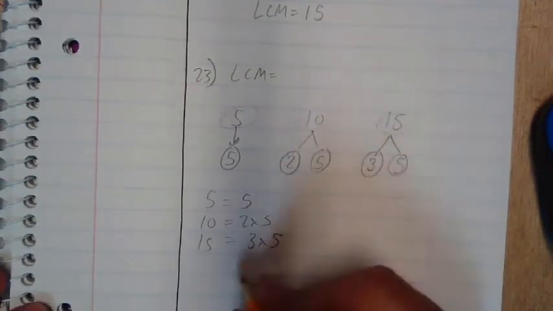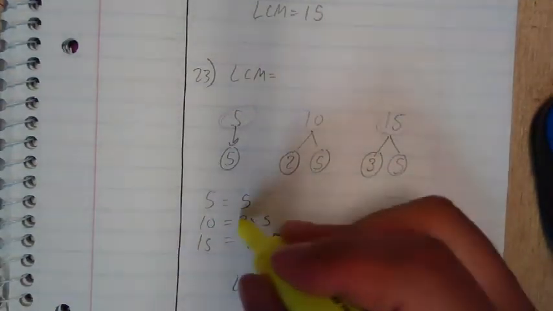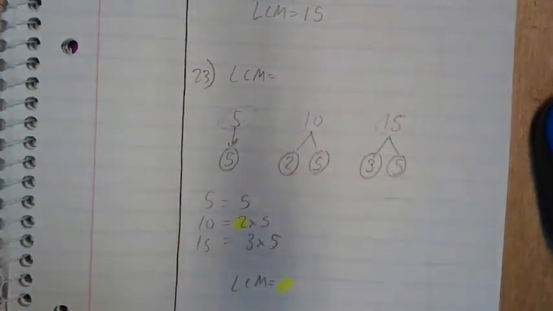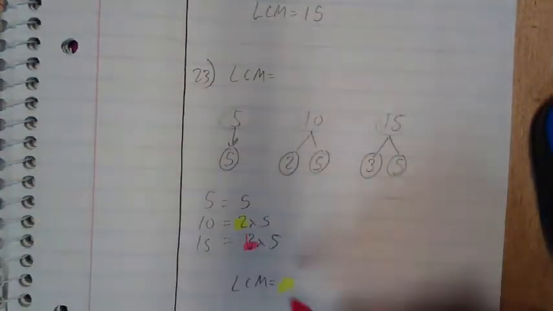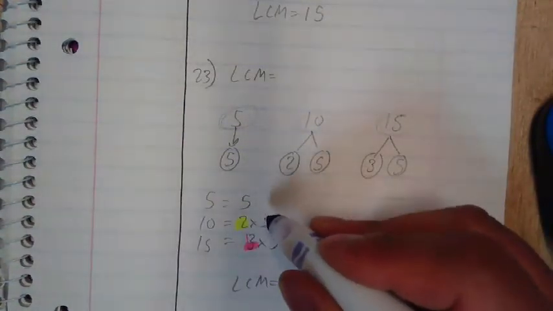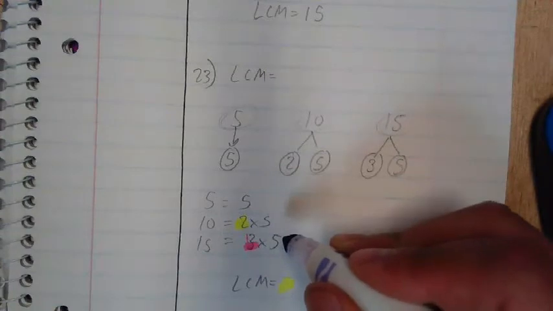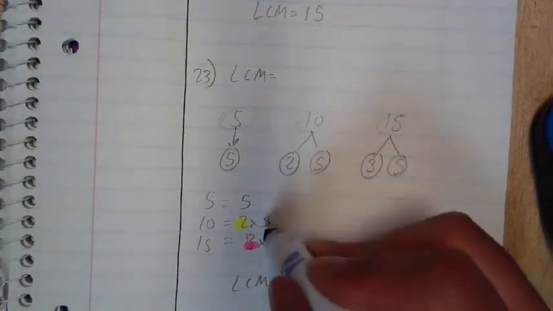All right, LCM. I'm looking for all the different factors. We're going to multiply them together. All right, we have a 2. We have a 3. And we have a 5. Now, you notice how the 5 is shared by all of them. If we're looking for GCF, the answer would be 5. But here we go. I'm going to underline because it's not really a highlighter.